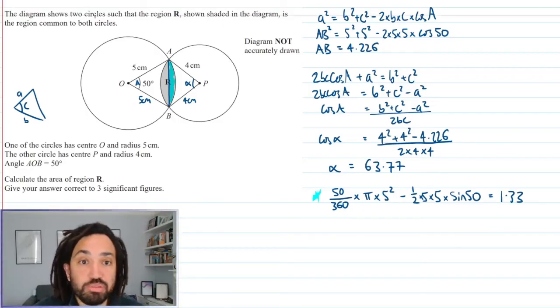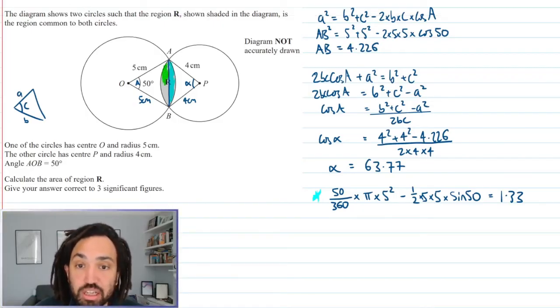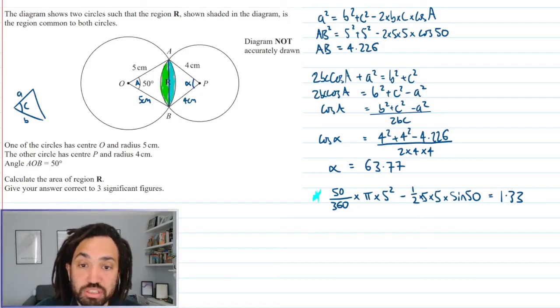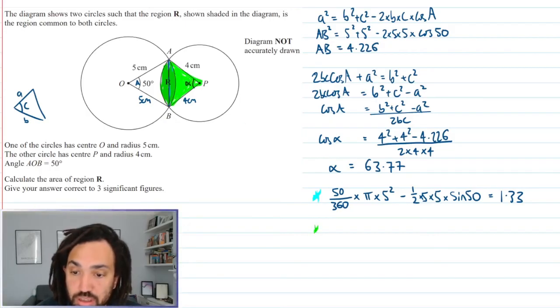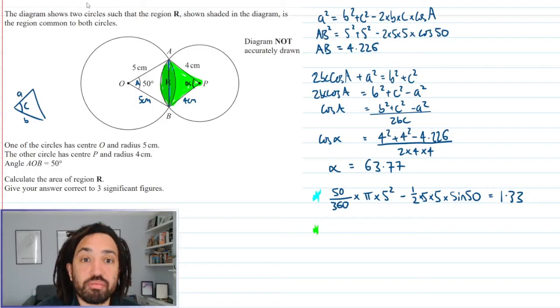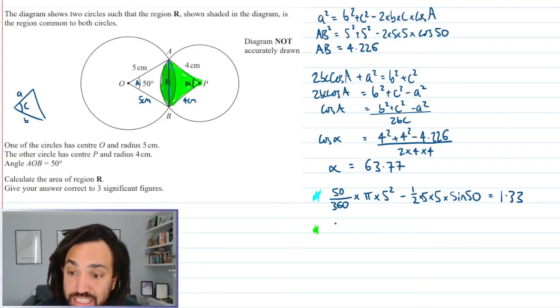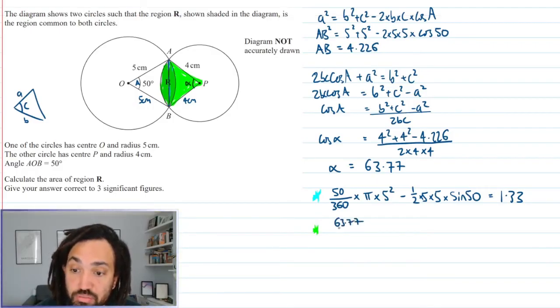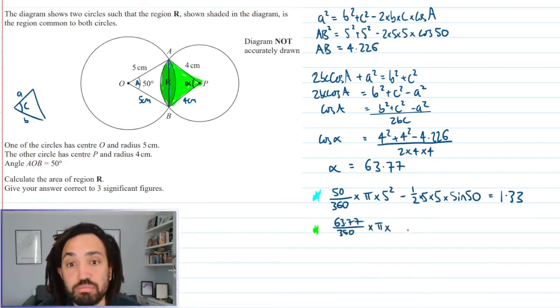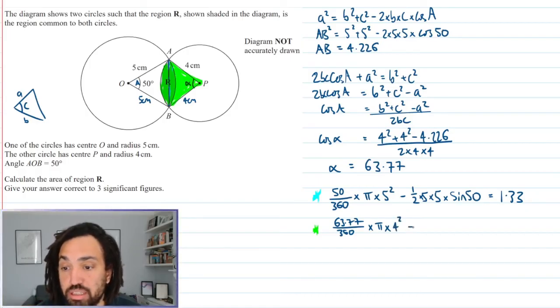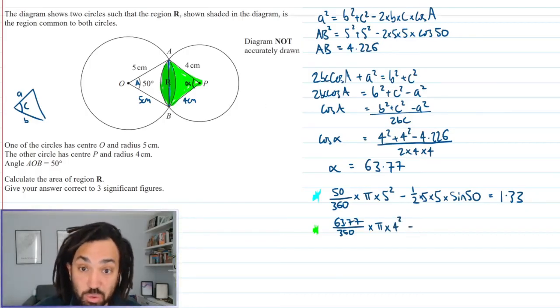Fantastic. So what am I going to do next? Well, I'm just going to do exactly the same thing on the other side. I want this little segment in here, but what I'll need to do is find the whole sector. And again, the sector is the angle, which is alpha, which is 63.77, over 360, multiplied by pi times radius squared. And then that gives me the whole sector.